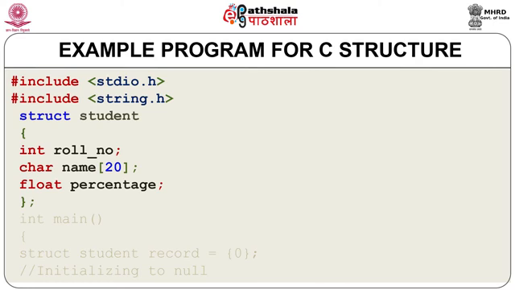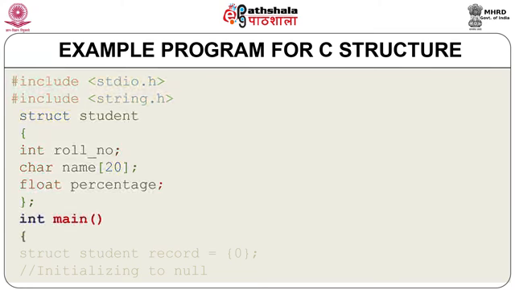Under this, we want to enter various members like roll number, name and percentage. The size of the character array for name is considered as 20, so maximum 20 characters can be stored under this field. Percentage is float.